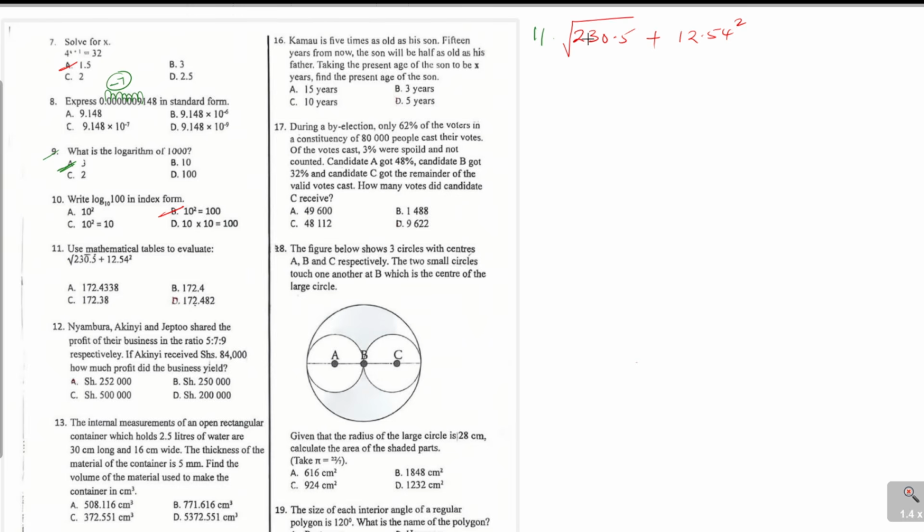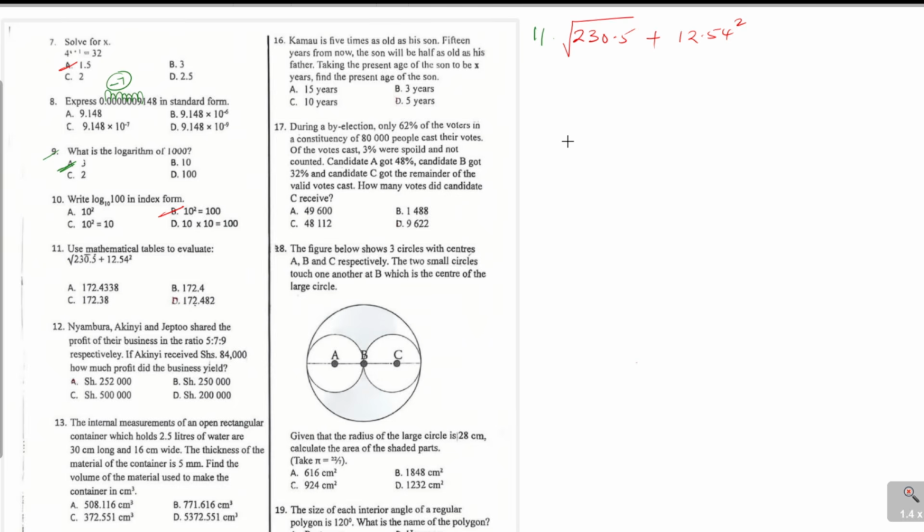So we start with the square root of 230.5. Since the tables of square roots give values for numbers from 1.0 to 99.999, we write this in such a way that we can get its square root.